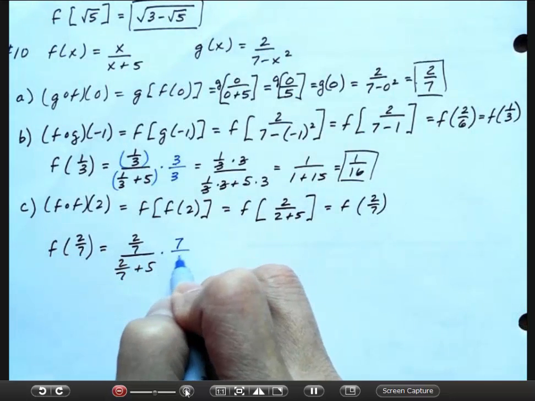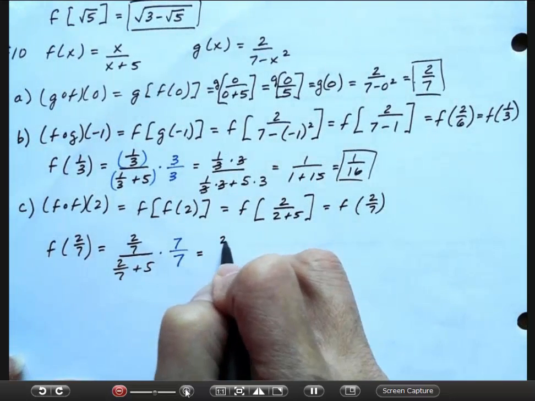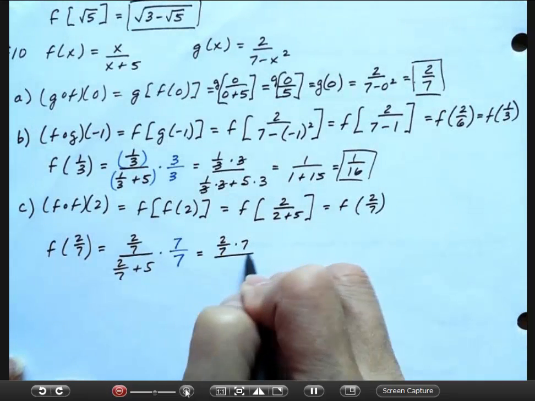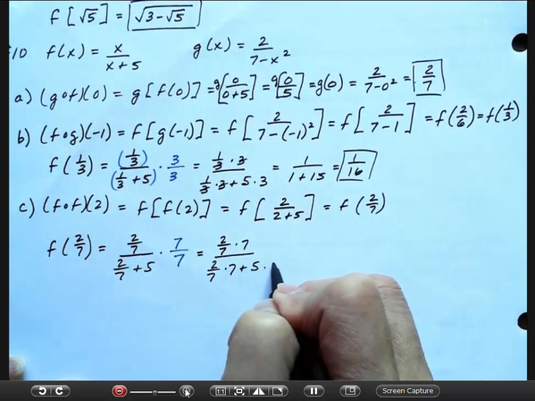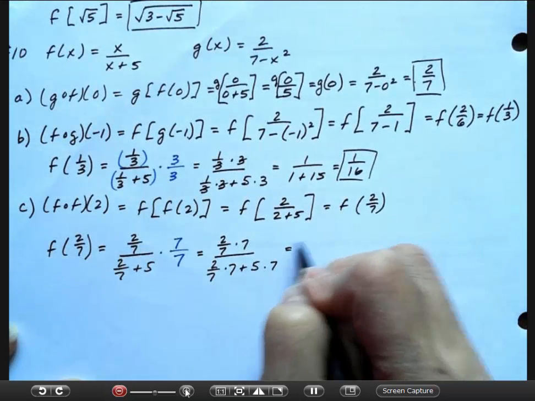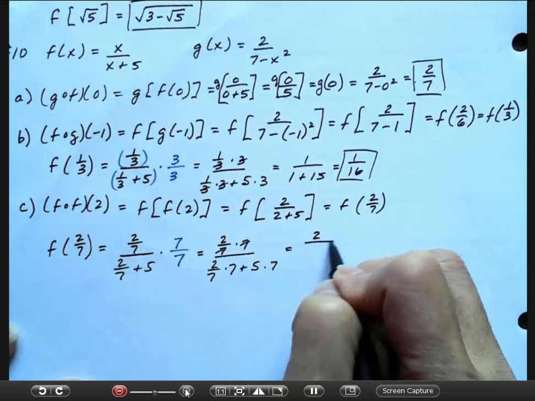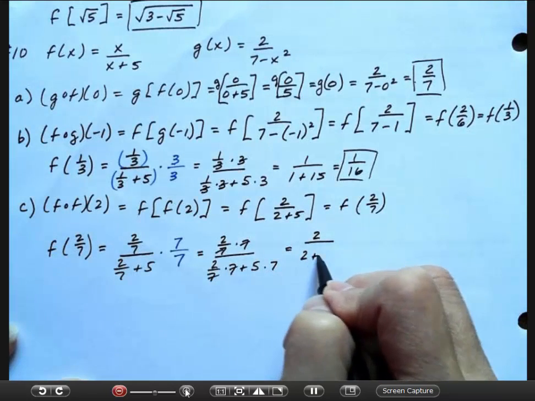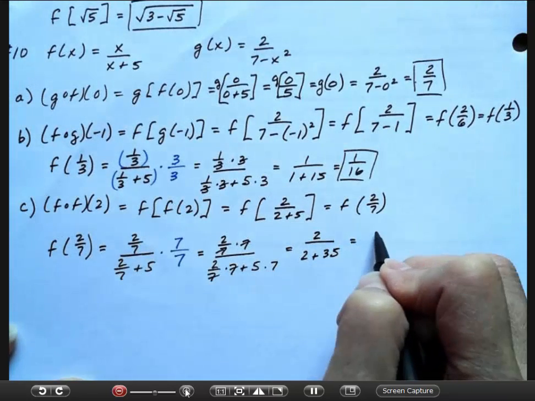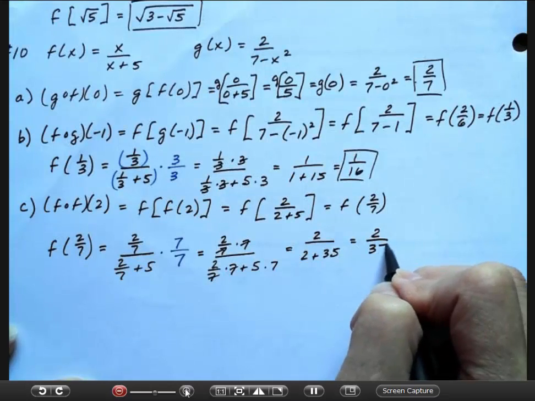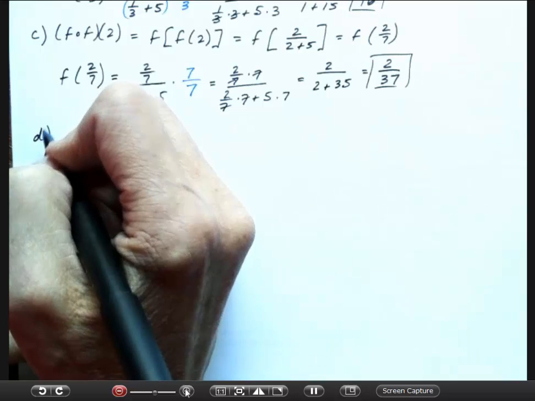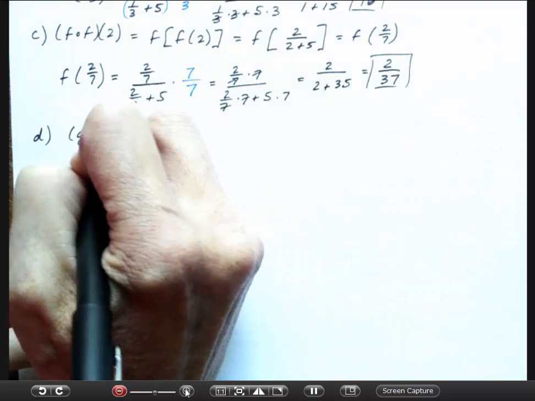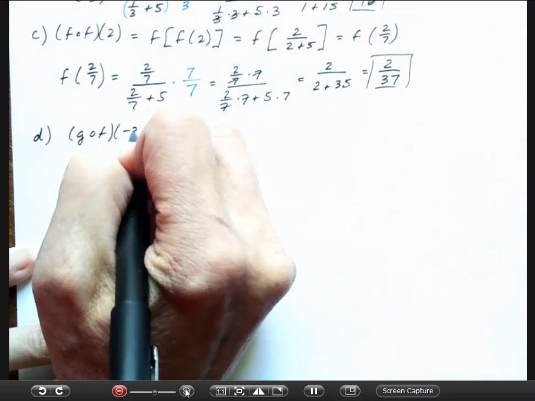So 7 divided by 7. I'm going to take 2/7 times 7, do the same thing in the denominator, and make sure that you multiply 5 times 7 also. So this ends up being 2 over 2 plus 35, which gives me 2/37.